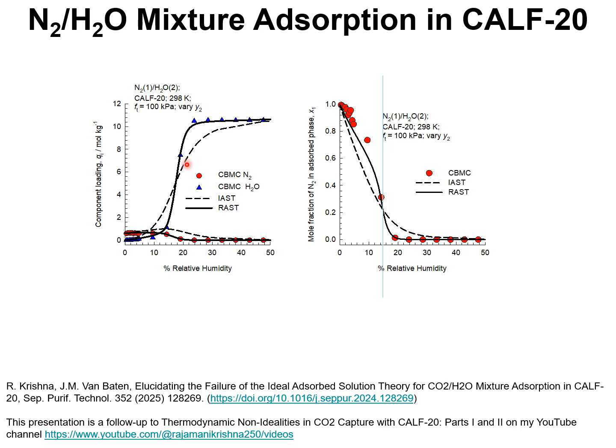We can identify two scenarios that manifest respectively at low values of relative humidity and higher values of relative humidity. Below about 15% relative humidity, the mixture adsorption strongly is in favor of nitrogen and in disfavor of water.